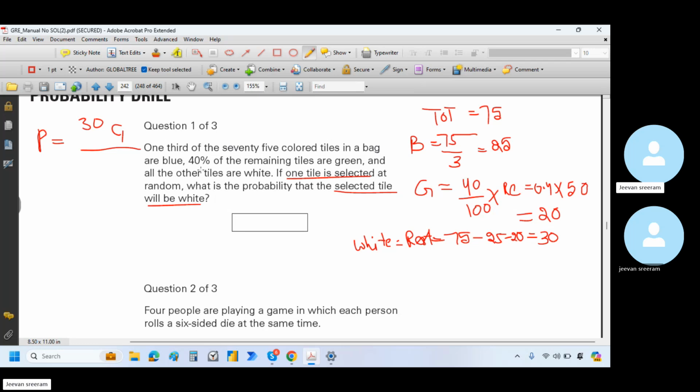The total number of outcomes is 75, out of 75, one must be taken. 30C1 by 75C1 is the probability we are actually finding out. 30 by 75, so 2 by 5, which is going to be 0.4. Right.